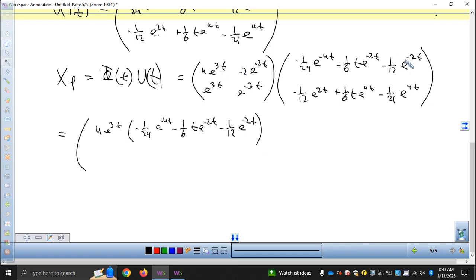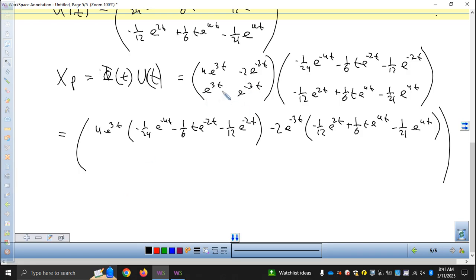This times this plus this times this. So we get minus 2e to the minus 3t times this. That's the first row. And then we have the second row.